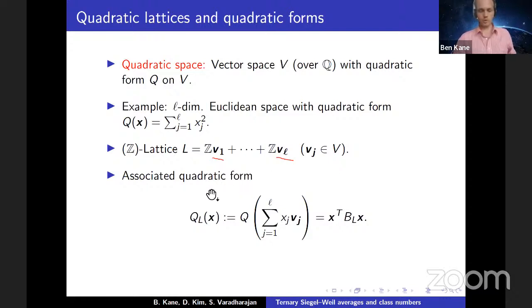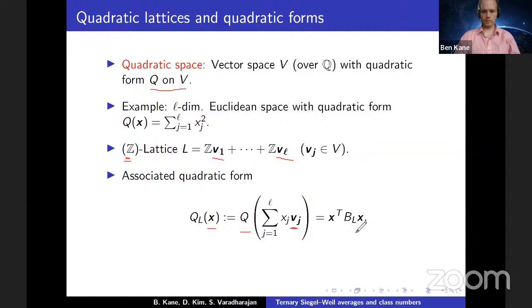And there's an associated quadratic form. If I take the quadratic form defined on V, this Q, and apply it to a sum, j from 1 to L of xj vj, then that defines a quadratic form where my x's are integers, and I take multiples of those vectors vj.